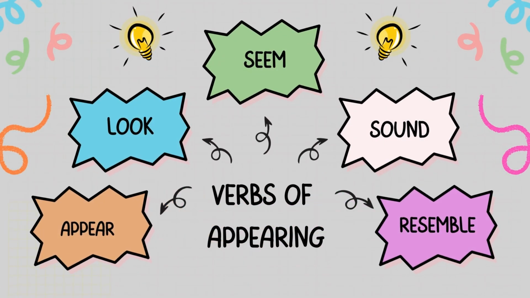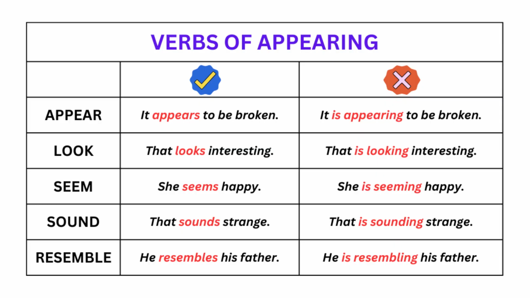The second is the verbs of appearing, that include appear, look, seem, sound and resemble. So you can have a look at the information given in the tabular form as to how the ing forms of these verbs are not accepted.